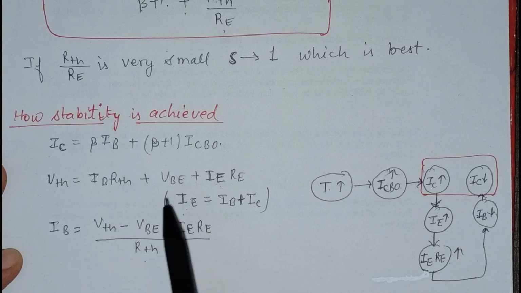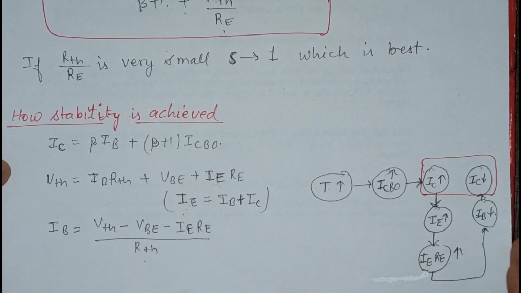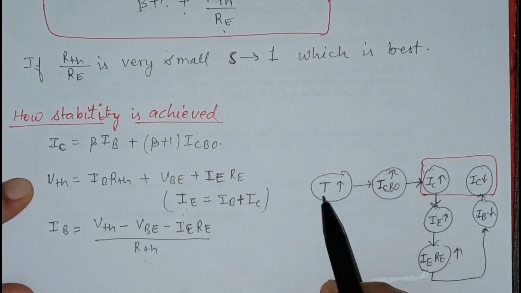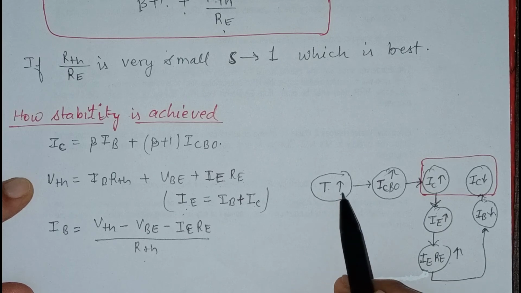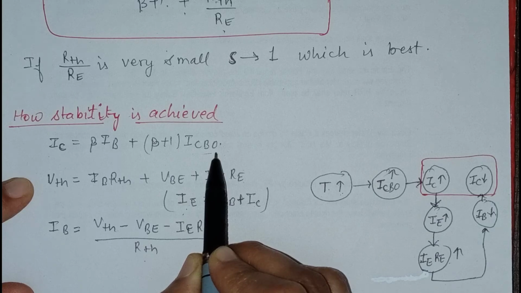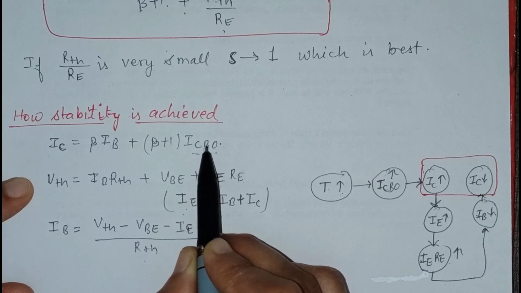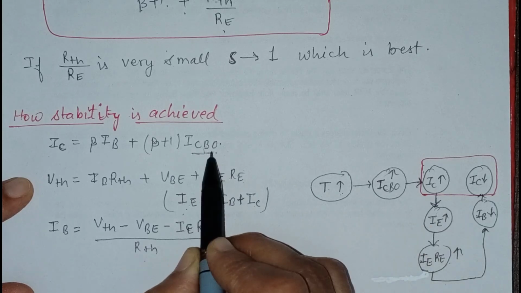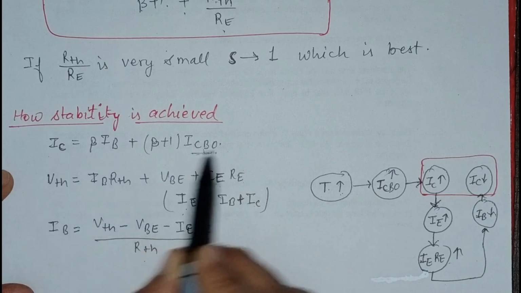Now using these equations, we will check how the stability is achieved. Suppose temperature rises. As the temperature rises, this term ICBO, because it is very much temperature dependent, this leakage current increases. As this leakage current increases, IC also increases, as it is directly proportional.